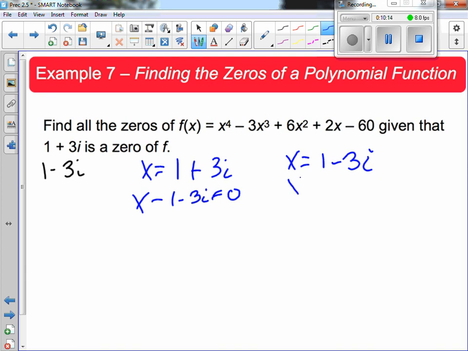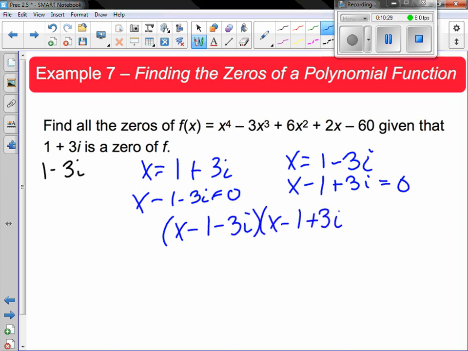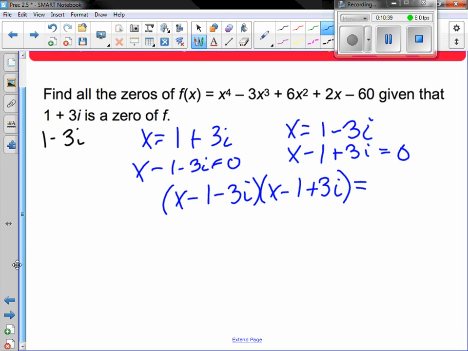Here, I would subtract 1, but I would add 3i. I am going to multiply these together because this is what my main goal is. I'm going to multiply those back together and get a polynomial function.